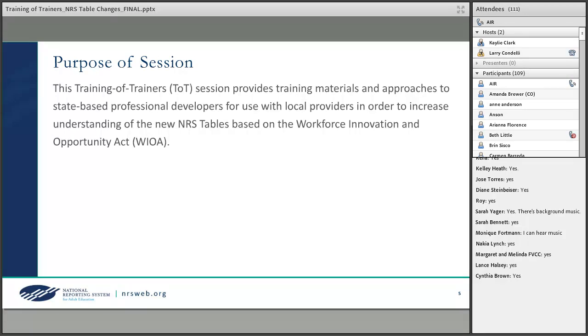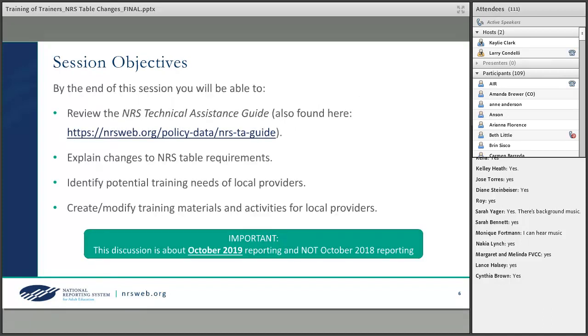As I mentioned, this is one of a series of Train the Trainer webinars and in-person trainings we do to help states train their local providers on using NRS tables, as well as other accountability issues around WIOA, the Workforce Innovation and Opportunity Act. So today we are going to focus on the NRS TA guide.